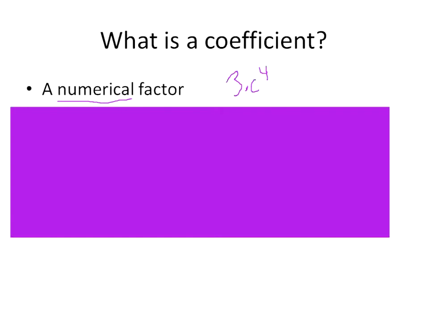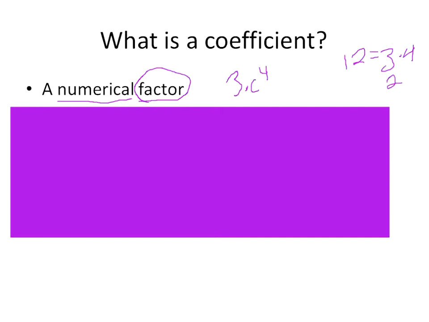Just remember what a factor is. Again, you may want to write this down and look that up as well if you're not sure what a factor is. The factors are the numbers that are multiplied together to give you a solution when you're doing a multiplication problem. So if I say the factors of 12, 3 and 4 would be factors because 3 times 4 makes 12.